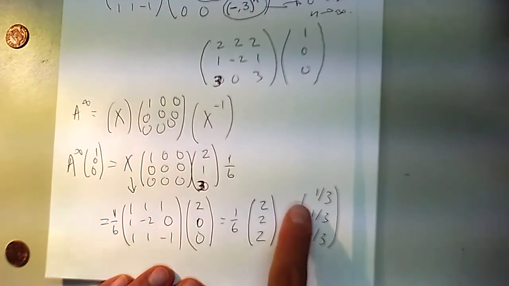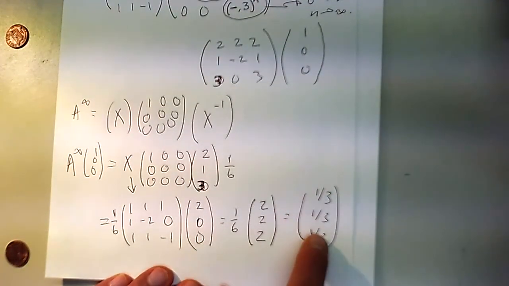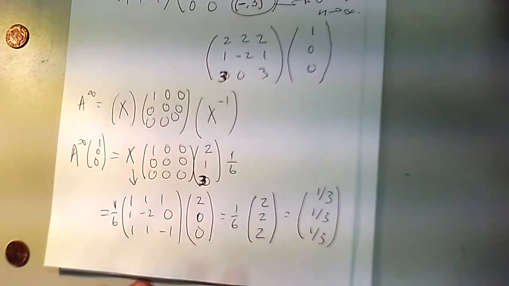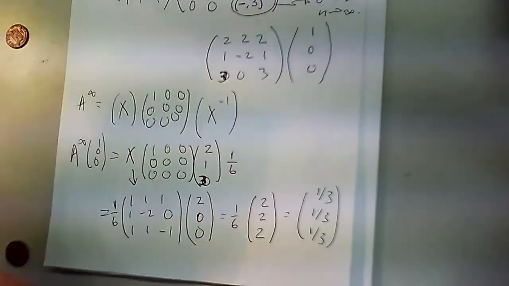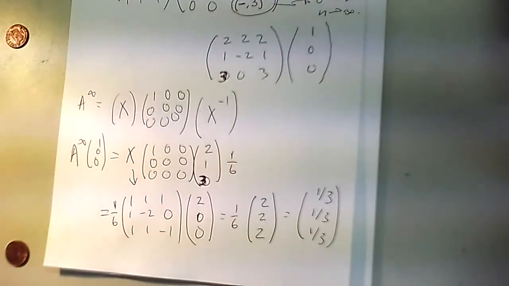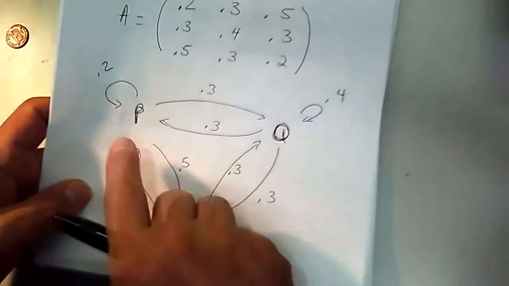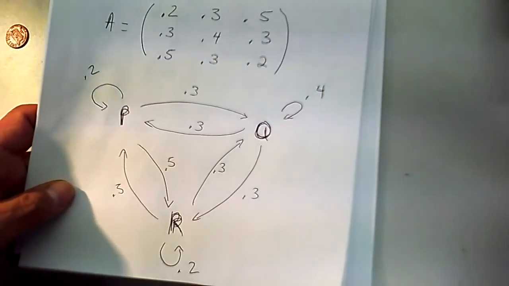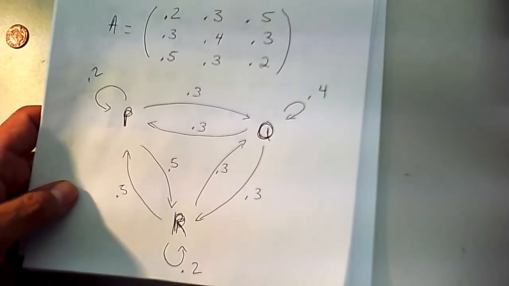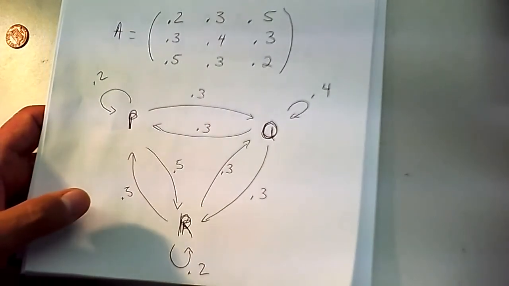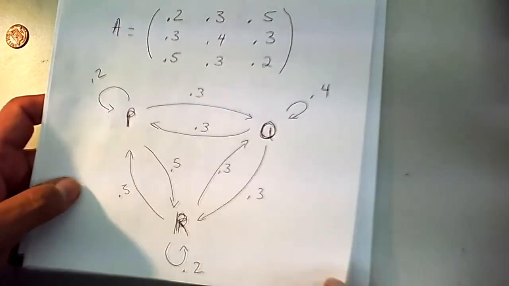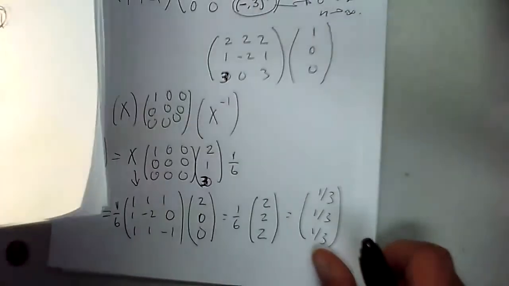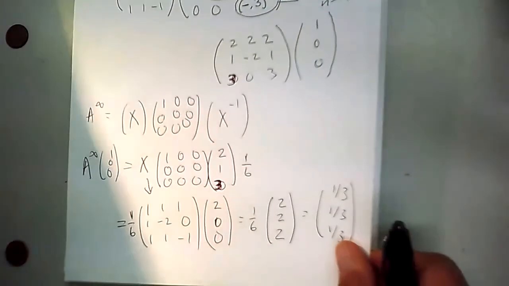So that is the corresponding probabilities at infinity of the populations as they move around different places. You can do that with many different kinds of populations. It doesn't have to be live individuals. It can be anything that moves around.